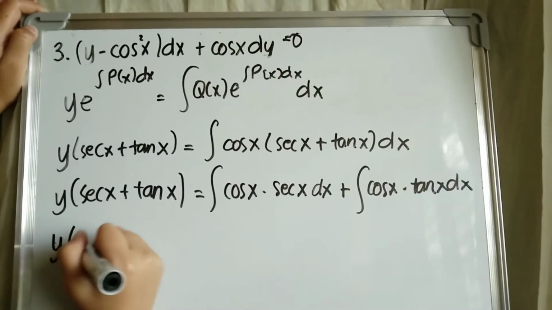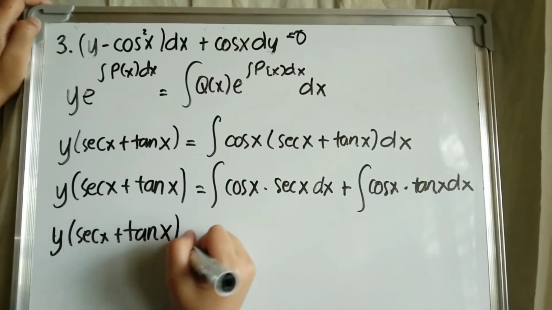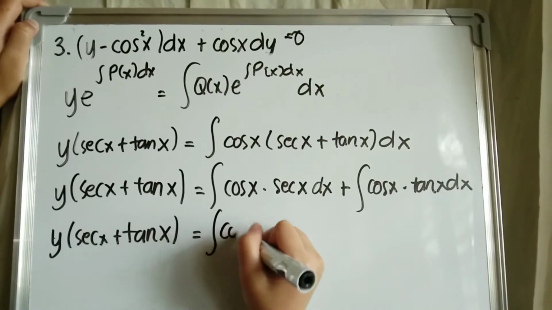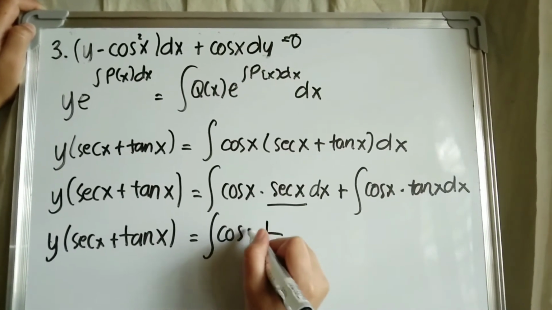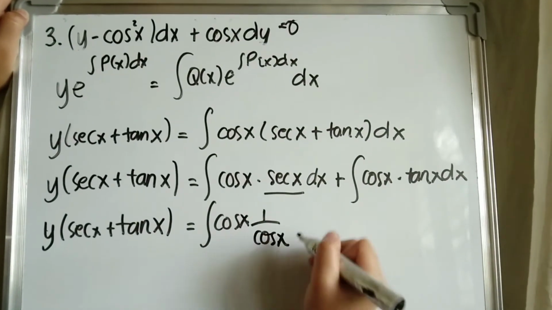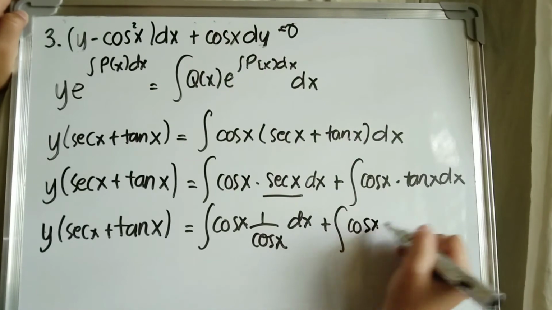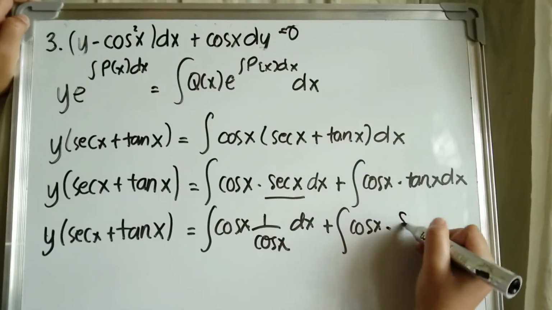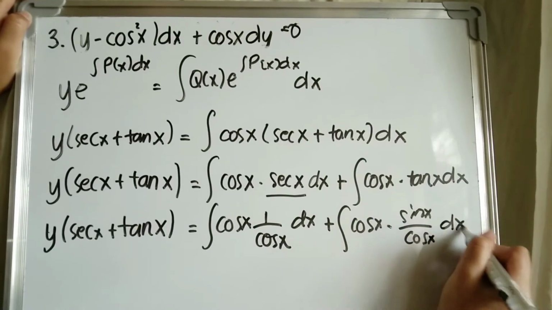So copy y, sec x plus tan x is equal to the integral of cos x, and then we can rewrite sec x to 1 over cos x dx plus cos x, and tan x is also equivalent to sin x over cos x dx.